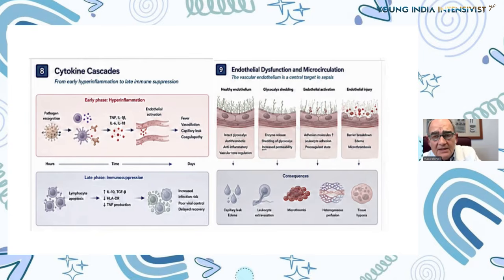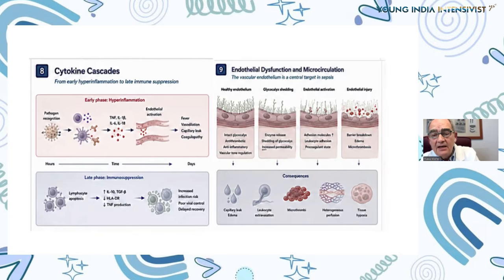And we have at the same time the exposition on the surface of the endothelium of adhesion molecules that favor the migration of leukocytes and their adhesion, activating a procoagulative state. And then there is the true injury where the endothelial cells are disrupted. There is a real breakdown of the barrier, and unavoidably, this has a consequence, the production of edema and microthrombosis.